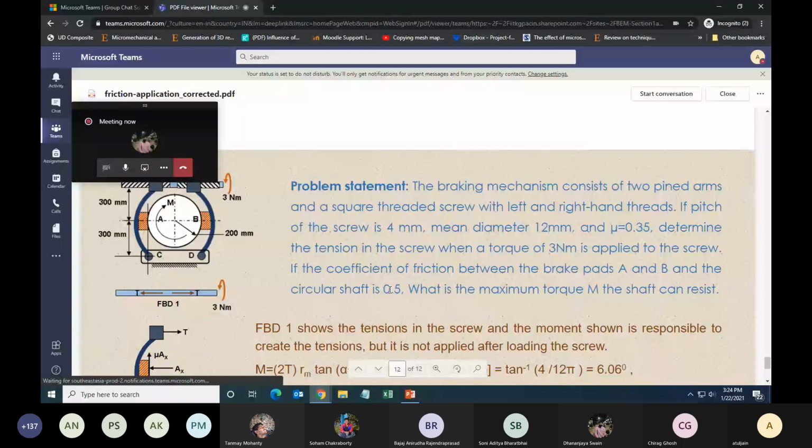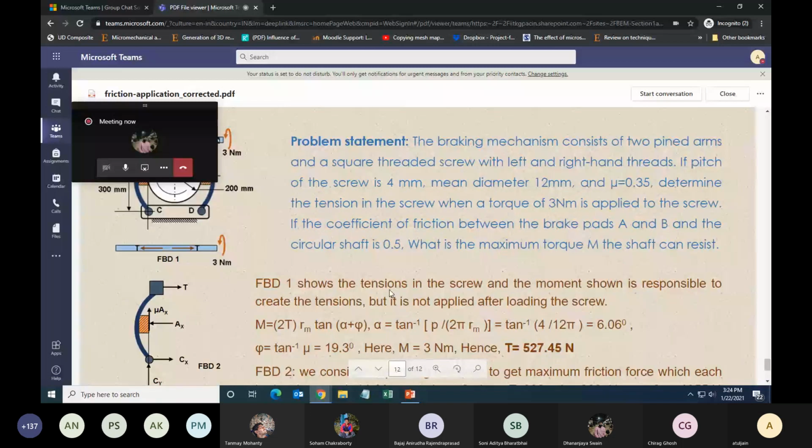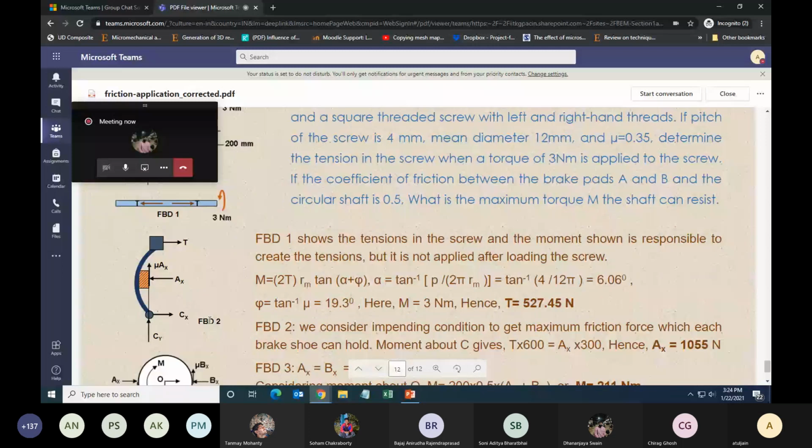Free body diagram 1 shows the tensions in the screw, and the element shown is responsible to create the tensions.